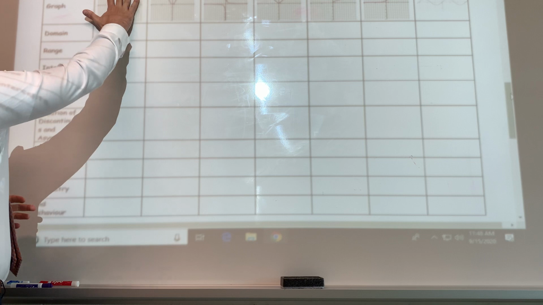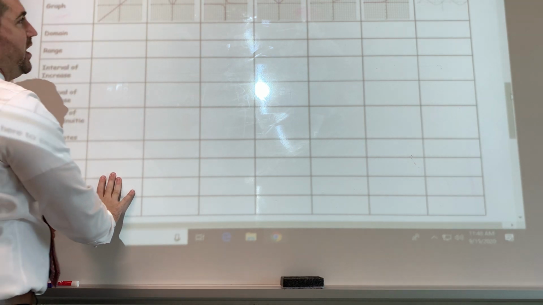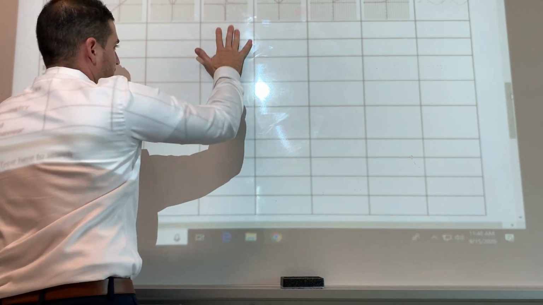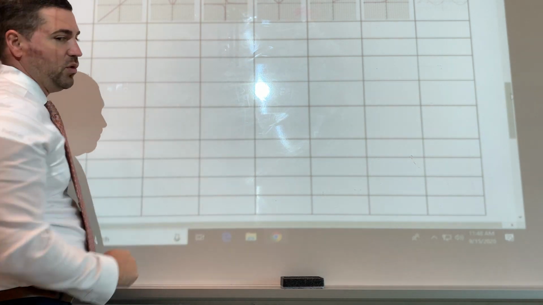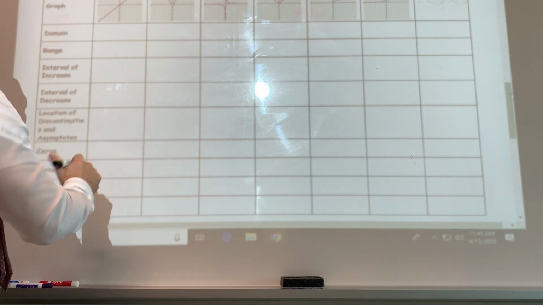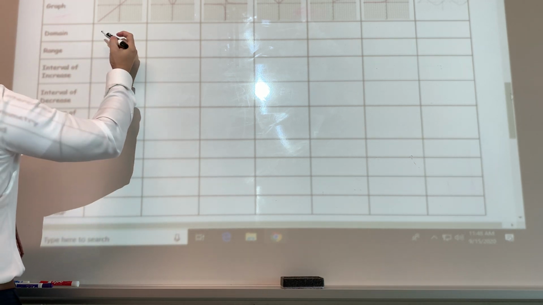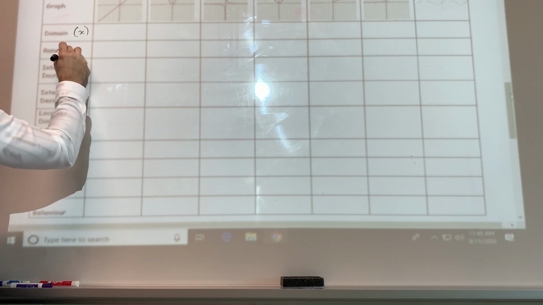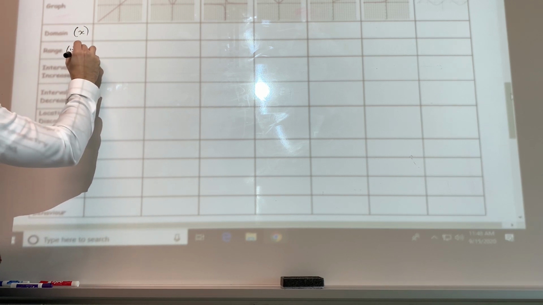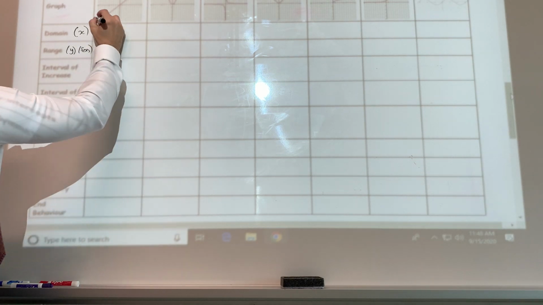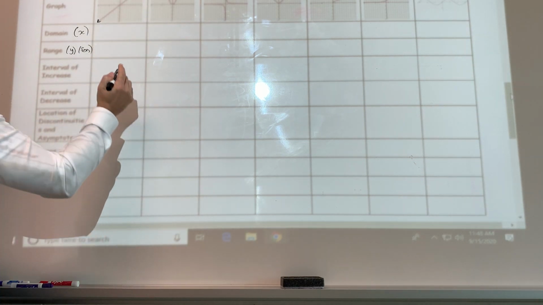Okay, so I'm going to go through the first one. This is linear, and then I'll pick another one. We'll do this one here. This one's a difficult one, so I'll go through it with you. Okay, so a linear function. What is the domain? We're looking at the x values for domain, and the range is your y values, or f at x. Our domain for any linear, these are all continuous.